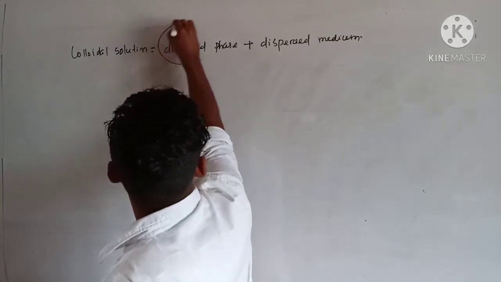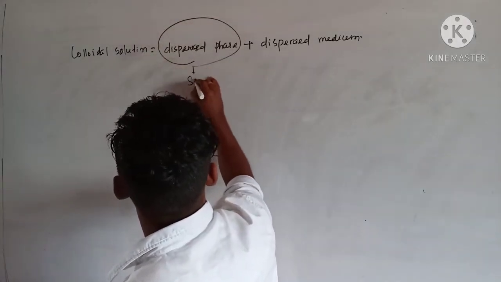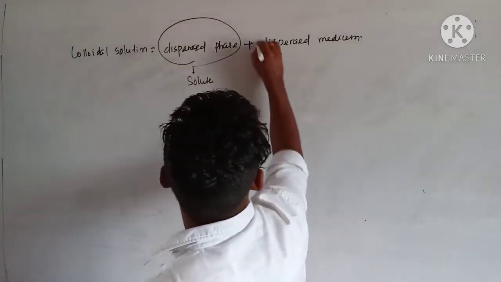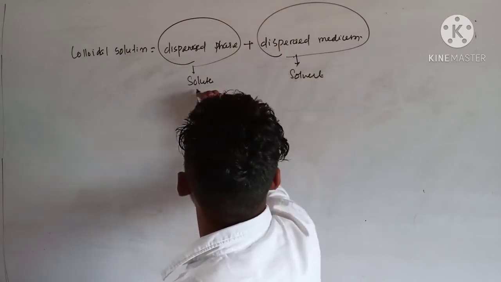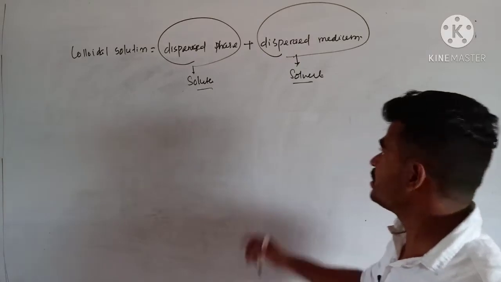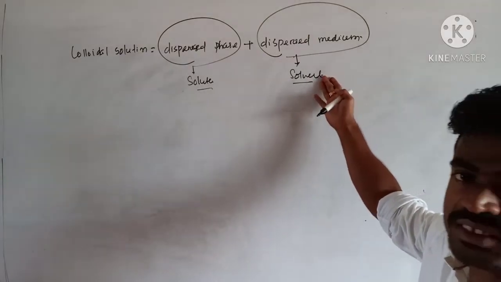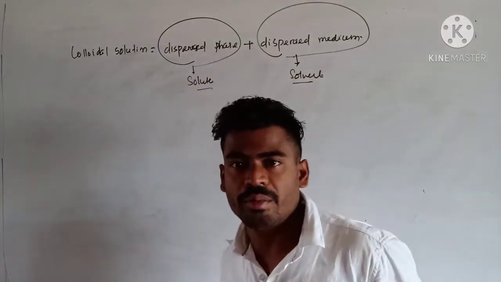Here this dispersed phase stands for solute and this dispersed medium stands for solvent. Is that okay? That means this one is present in excess amount and this one in limited amount.